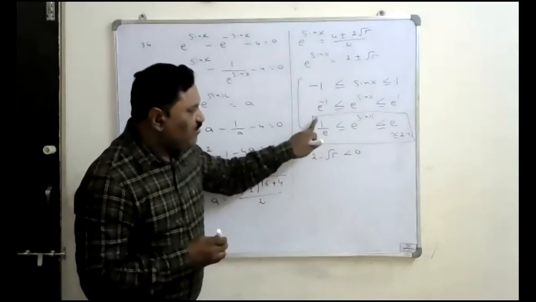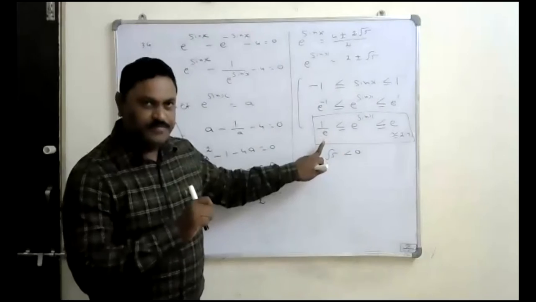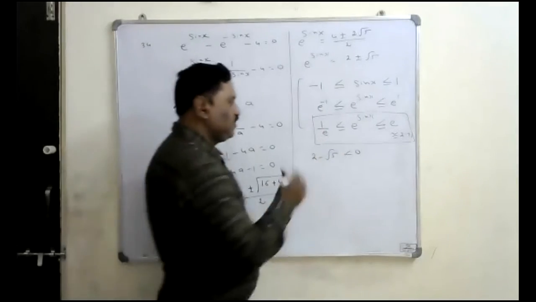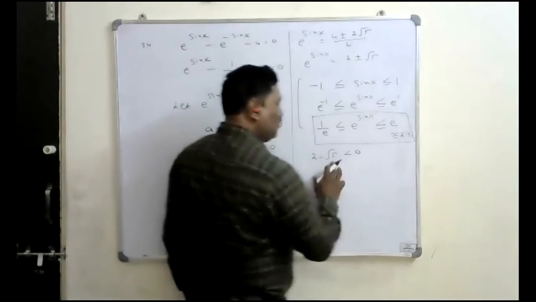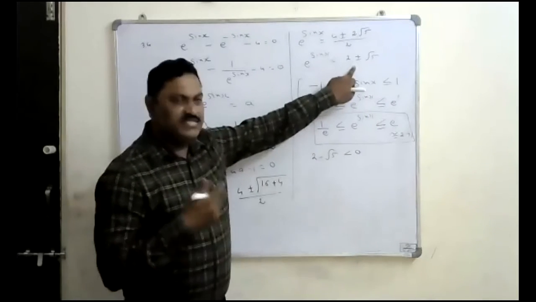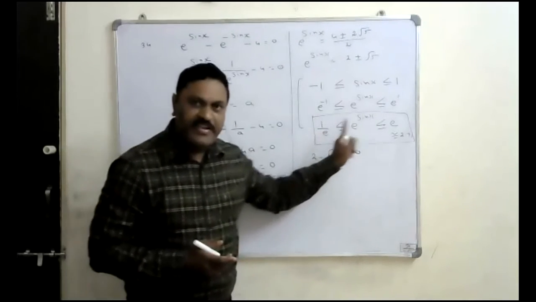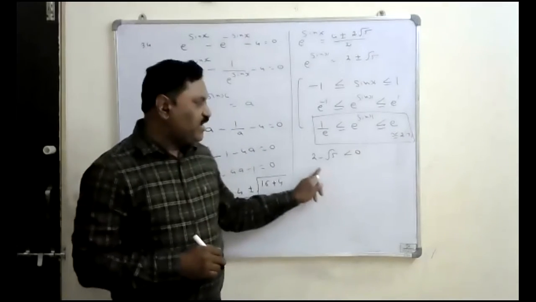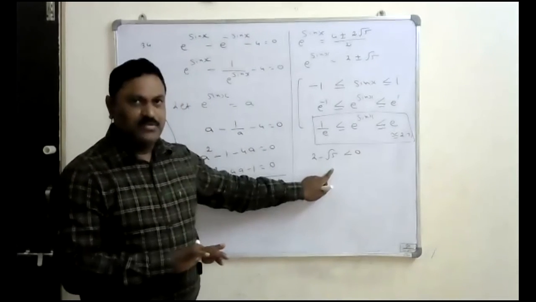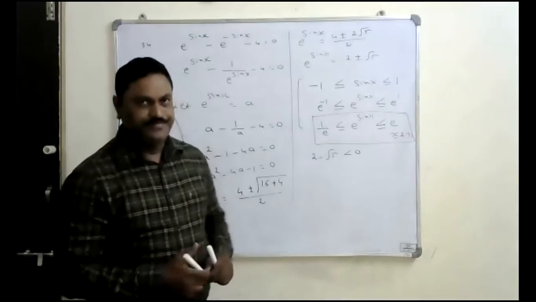But इसका minimum value क्या है? 1 by e means 1 upon 2.71. It is positive है ना? So negative value नहीं ले सकता है, right? Because e power sin x is going to lie between 1 by e to the e only. But 2 minus root 5 is negative, so negative value is not possible. That is not within the range of that function.